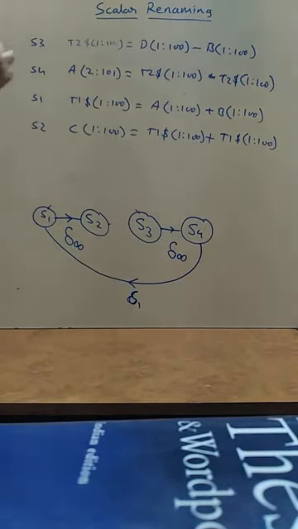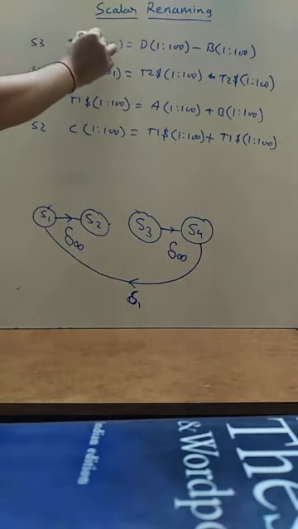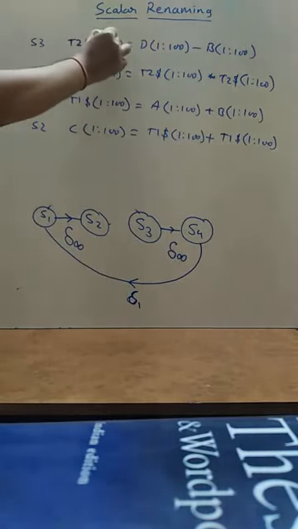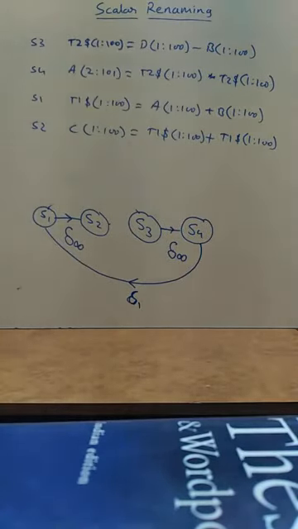So this is the vectorized equivalent of the original program after applying scalar renaming. So this is the dependence diagram, and this is the final program after scalar renaming. Okay.